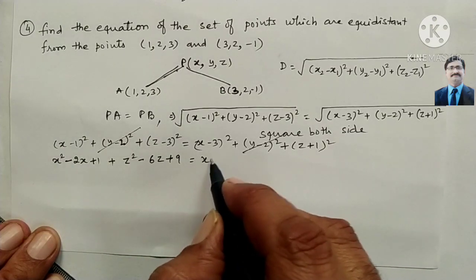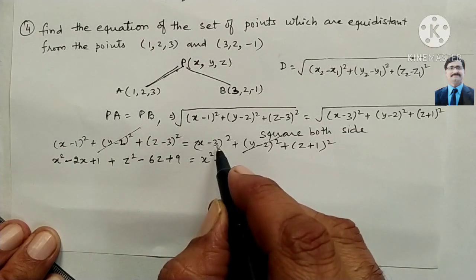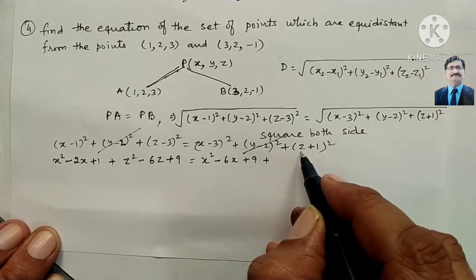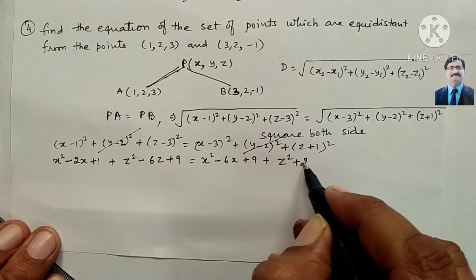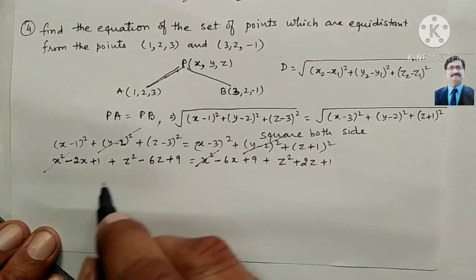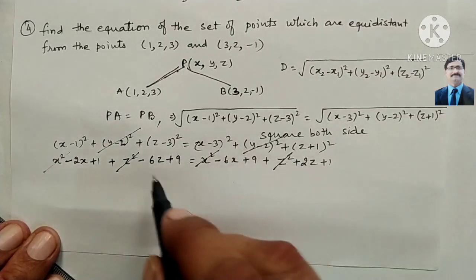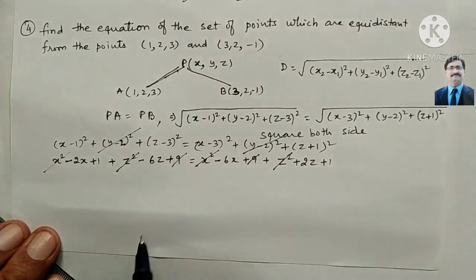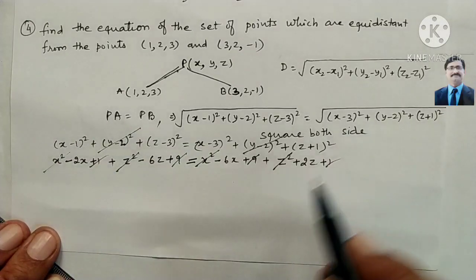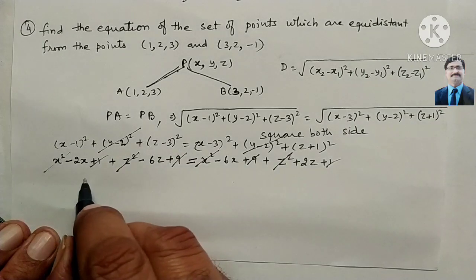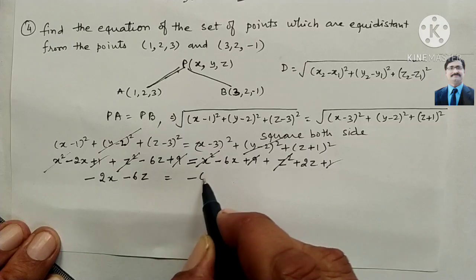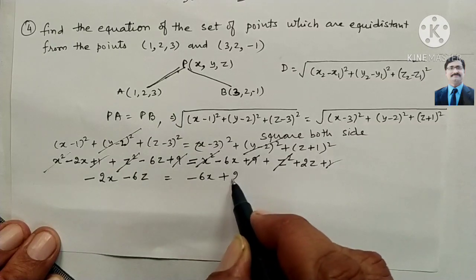Here we can write x square minus 6x plus 9, and here we can write z square plus 2z plus 1. Now we can check x square and x square is cancelled, z square and z square is cancelled, and 9 is cancelled. Look here, equal terms are cancelled, 1 and 1 equal cancel. Now the remaining is minus 2x minus 6z equal to minus 6x plus 2z.